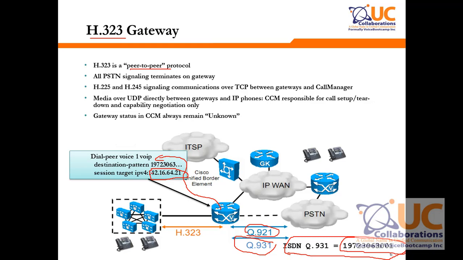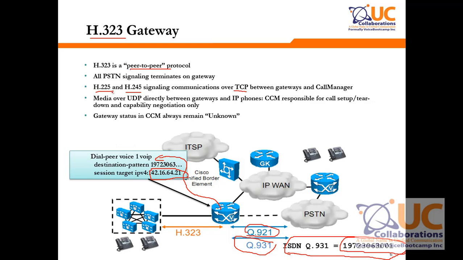So what's going to happen at this stage is, when the router matches the destination number 197.2.306.3001 to this dial peer, it is going to send a signal to this IP address, which happens to be the call manager cluster. It is going to send H.225 and H.245 signaling using TCP port 1720.